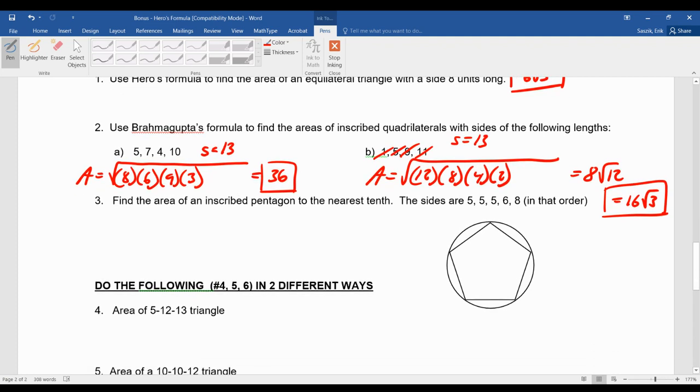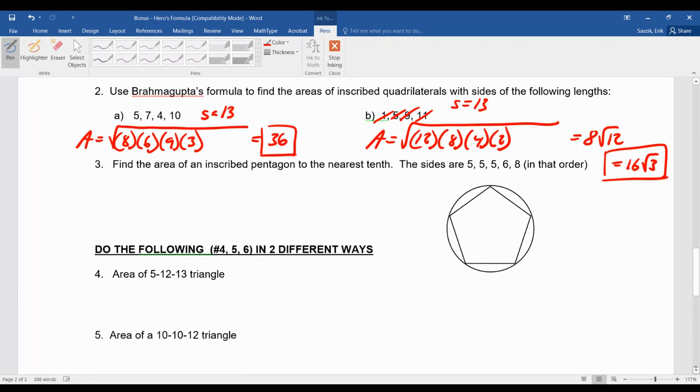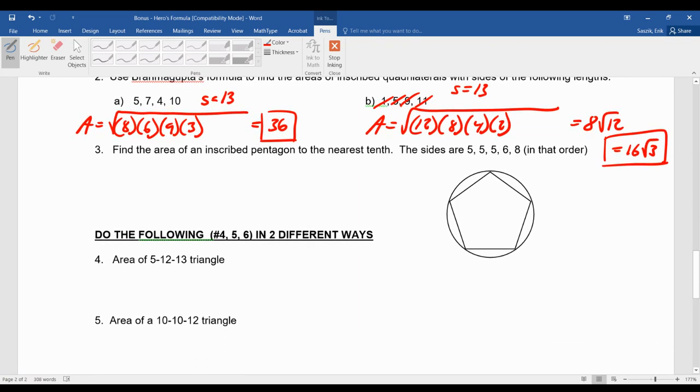All right. Find the area of an inscribed pentagon to the nearest tenth. So when you have a pentagon, that's not a quadrilateral. So what we can do is draw this in here, and we can make a triangle and a quadrilateral, okay?